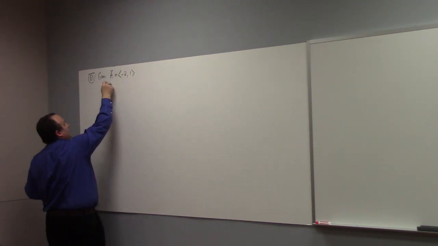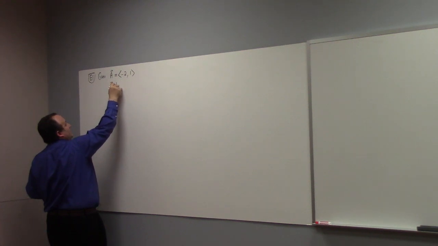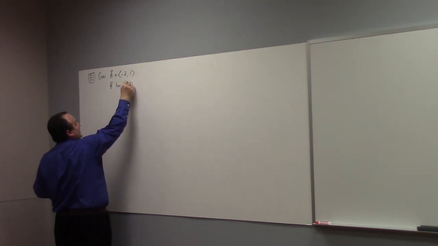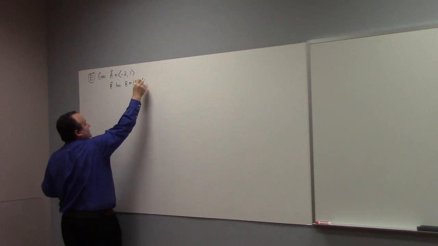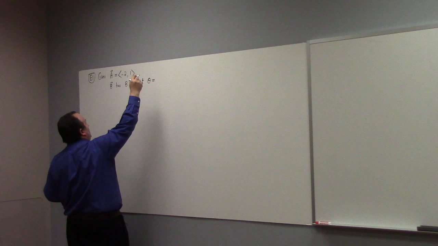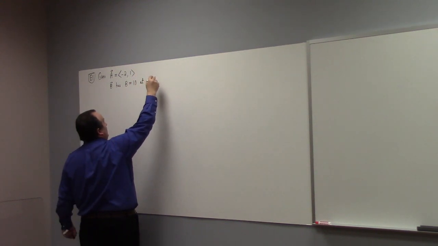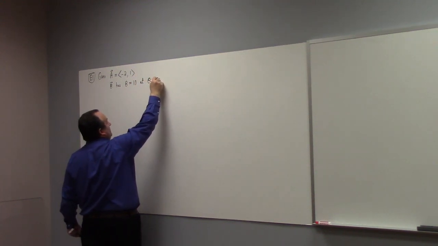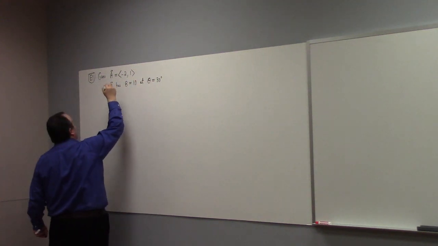And we're given that B has magnitude 10 at standard angle theta equals to, I don't know, let us say 30 degrees.